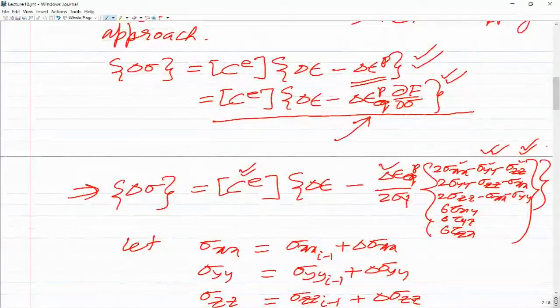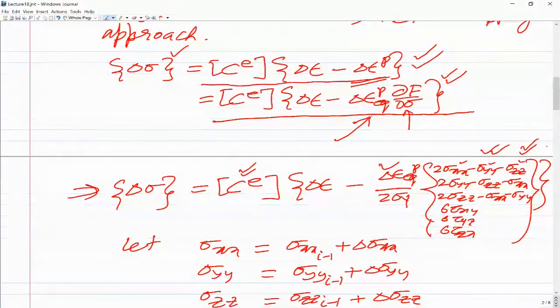I didn't get you. When you say delta sigma, this relationship is a general relationship. Only thing is we are saying that the flow rule is an associative flow rule, and the equivalent incremental plastic strain and lambda, we have already shown that the two are equal. That proof I had shown.